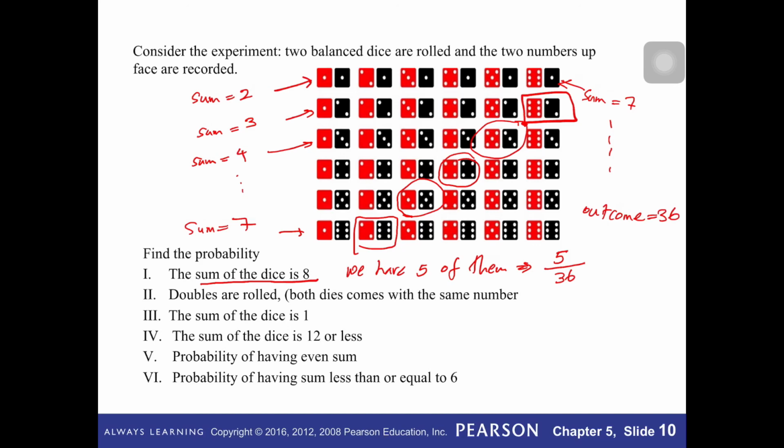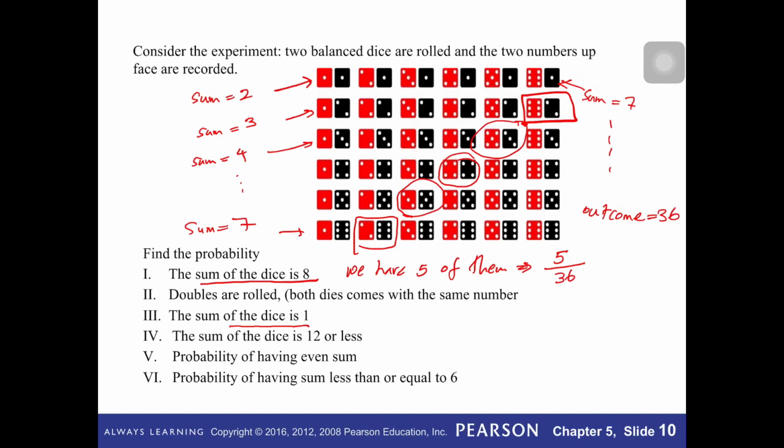I'll skip a few of them. Okay, I'll do this one. The sum of the dice is 1. Okay, this is very tricky. The sum of the dice is 1. So you have to find the pairs which give a sum equal to 1.